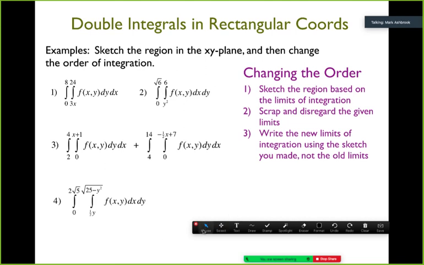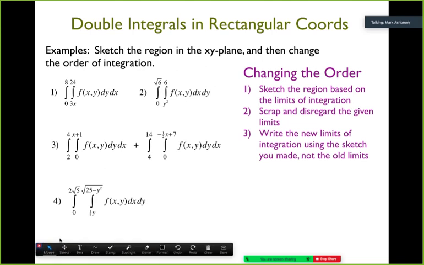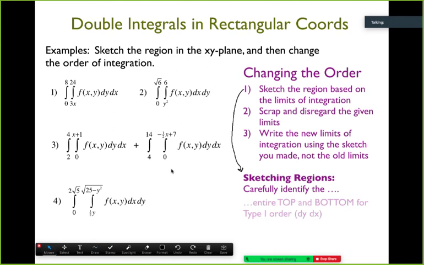Okay, so here are some tips in terms of sketching the region, step 1, what to look out for. If you have type 1, dy dx, the focus is the top and the bottom. Your main focus is on identifying those, and that's in terms of the integral being split up or not.